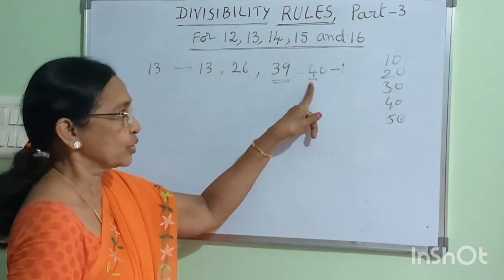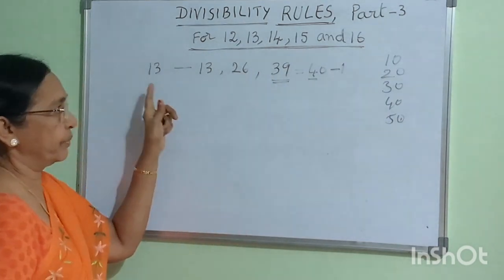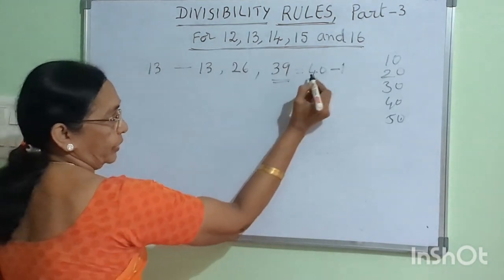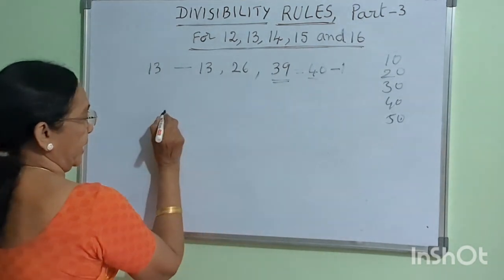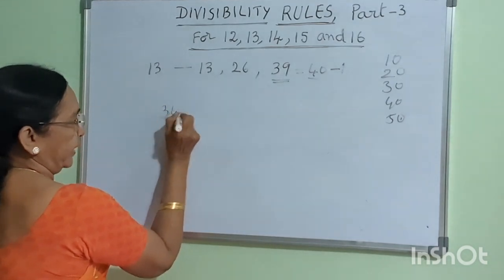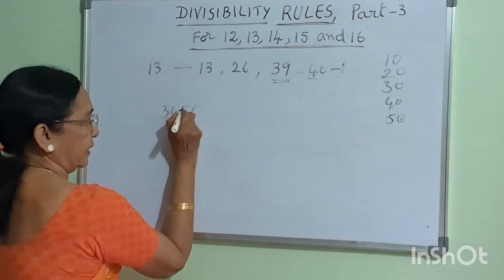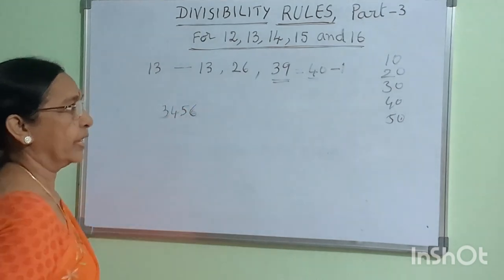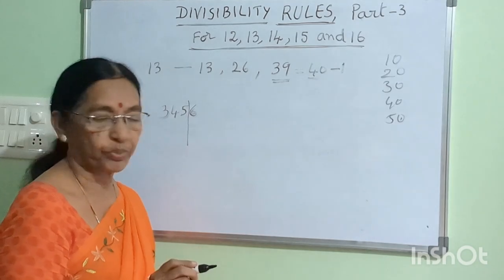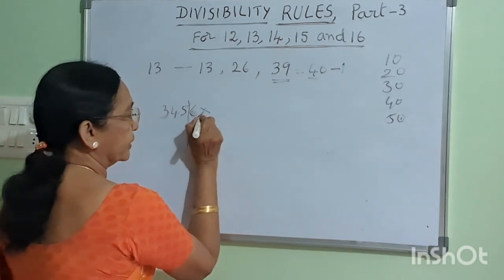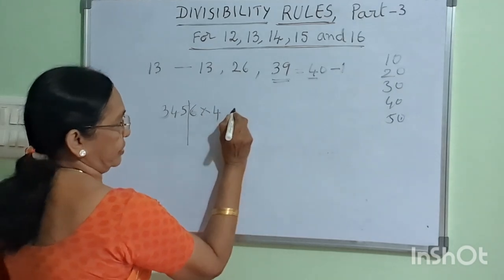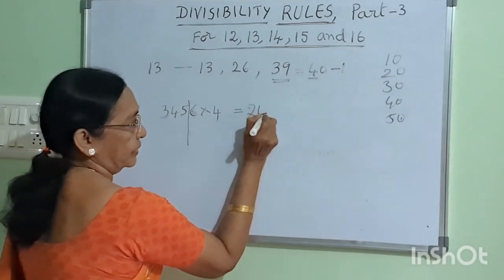This number is called the oscillator for 13. To test whether a number is divisible by 13, we have to use this oscillator. Let us take the number 3456. You have to select the number in the units place and multiply it by the oscillator, 4. 6 fours are 24.